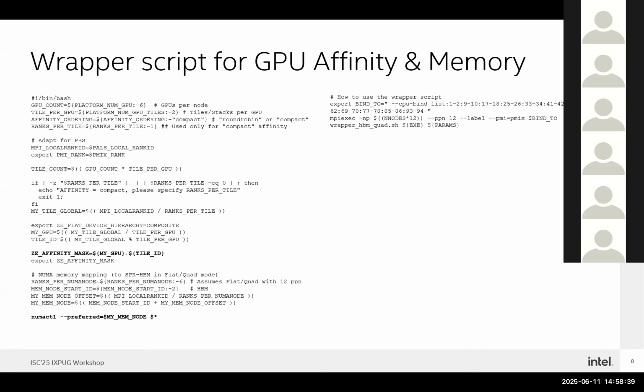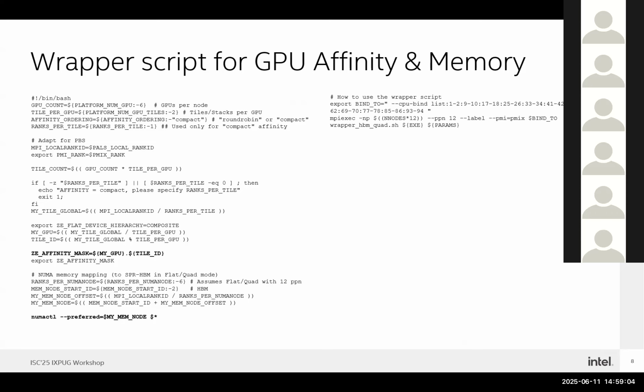And if the process lands on the second socket, then the memory ID will be 3. So I've set numactl, saying my preferred memory is, let's say, 2, which is HBM on socket 0.